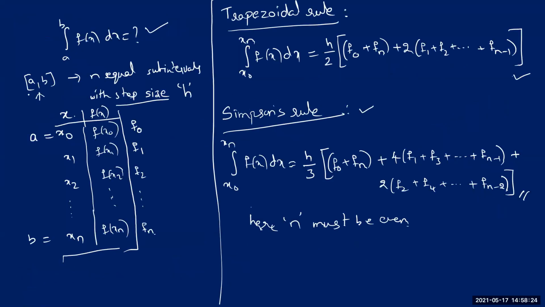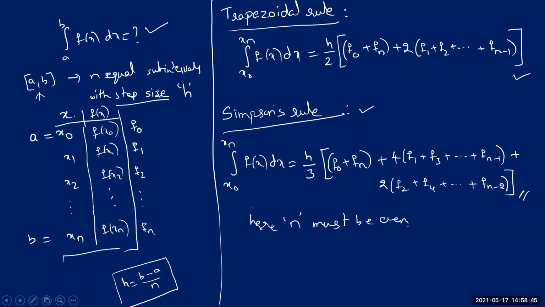When you divide that into n subintervals, you see what you'll get. Now see, you are dividing the actual interval a comma b into n subintervals of equal width. And that equal width, whatever you are calculating here, we are using this formula, h equals (b minus a) divided by n. Now this h, whatever we are considering here, we actually call the step size.